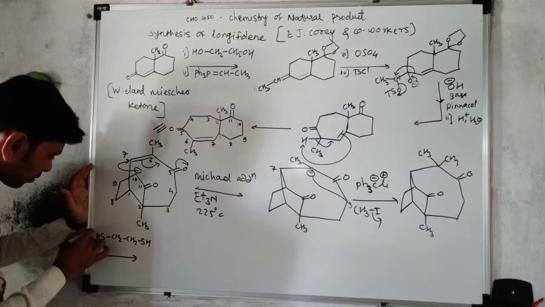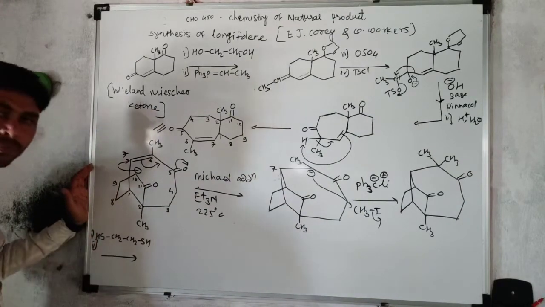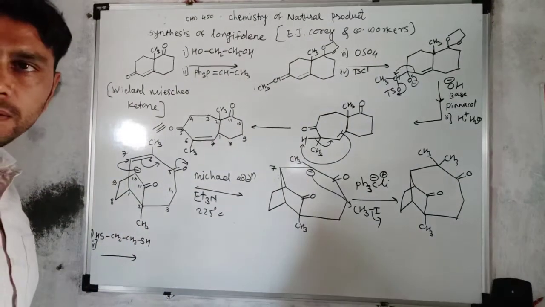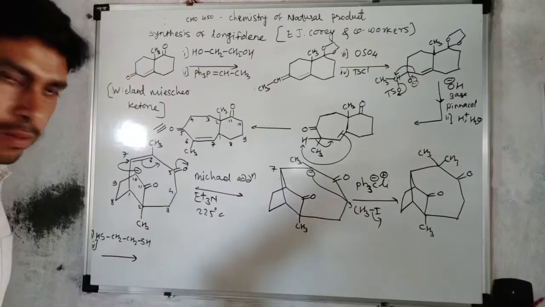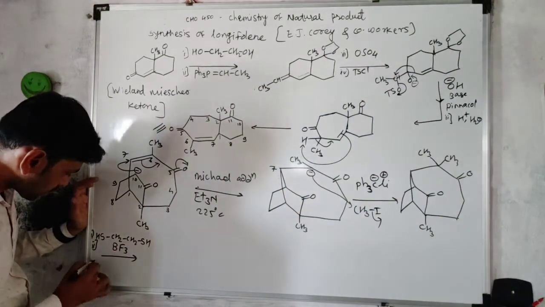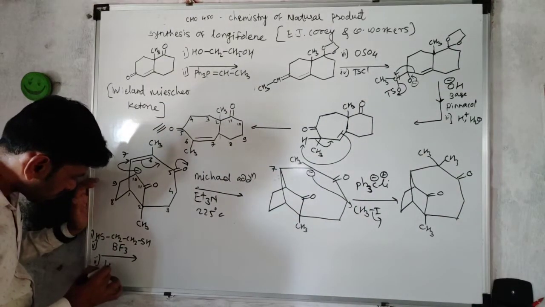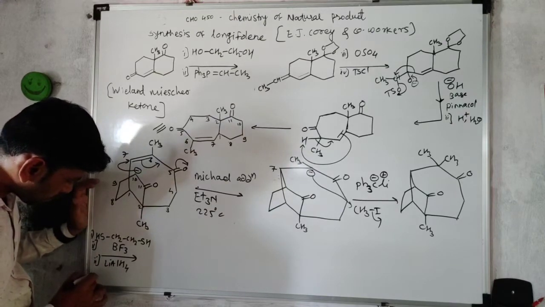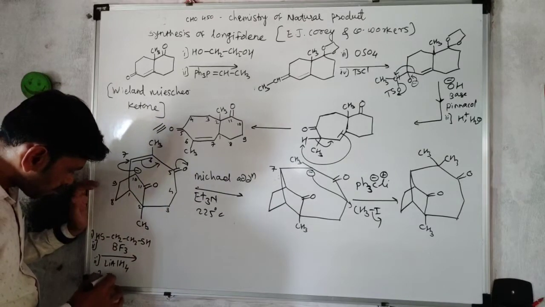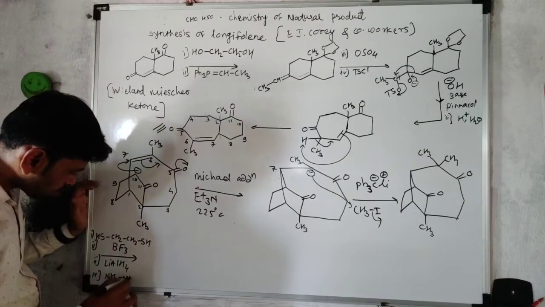Then in the second step, we have to use some reagents. So here we have used this protecting reagent. Second, we have used lithium aluminium hydride. This lithium aluminium hydride is for reduction of another carbonyl group, and we have then used NH2NH2.